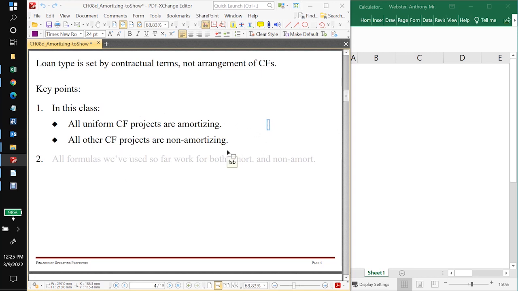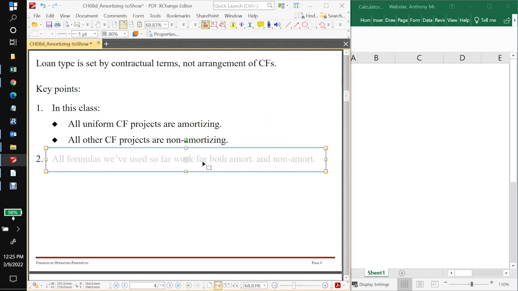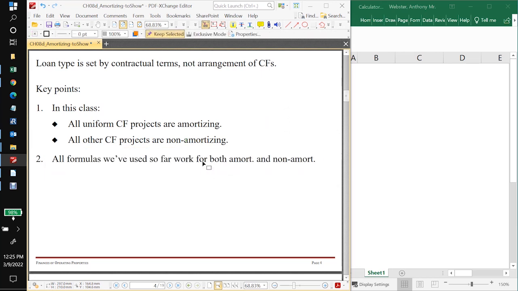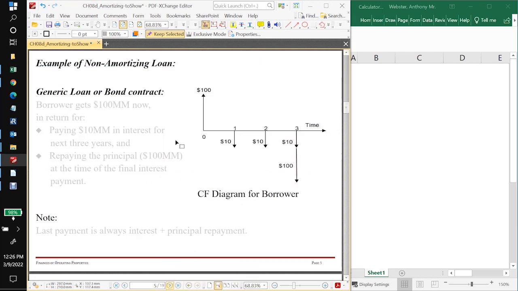So that would be things like semi-annual corporate and treasury bonds, other types of loans that work that way, etc. And the good news, happily, once again, is that all the formulas we've used so far are going to work for both amortizing loans and non-amortizing loans, and bonds too, whenever these things are applicable to bonds.